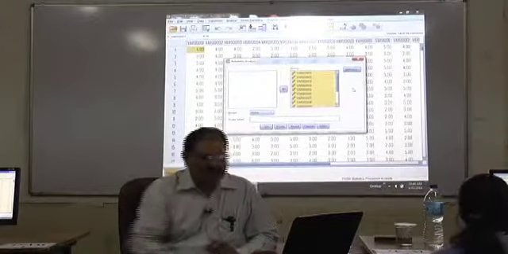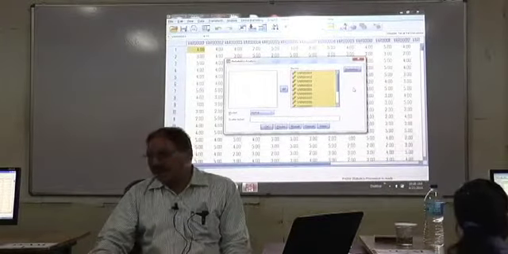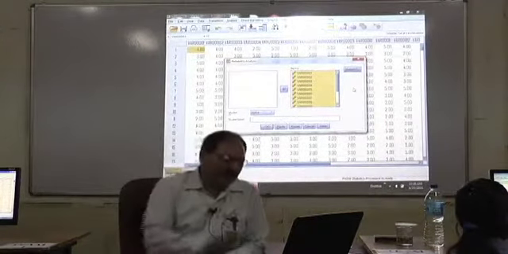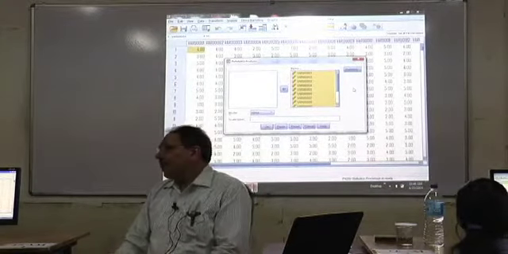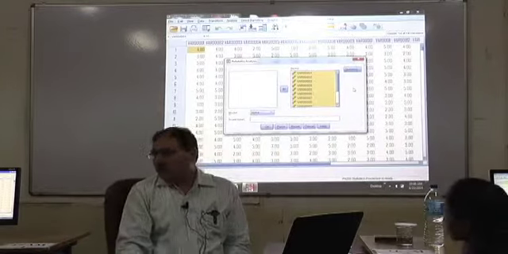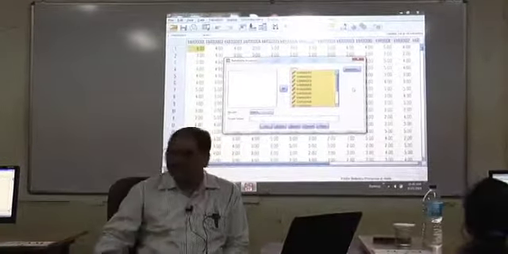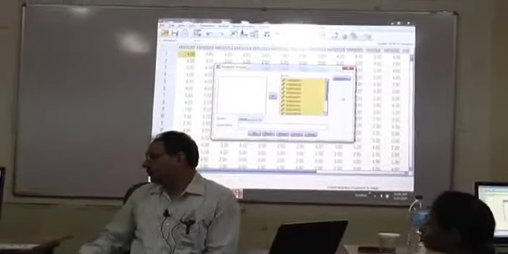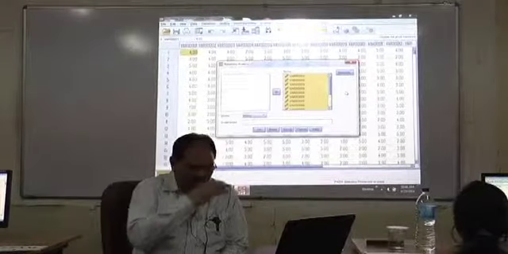Okay, the items in the input window, transfer them to items under test window. Right? Is everyone with me? Okay, you got that?